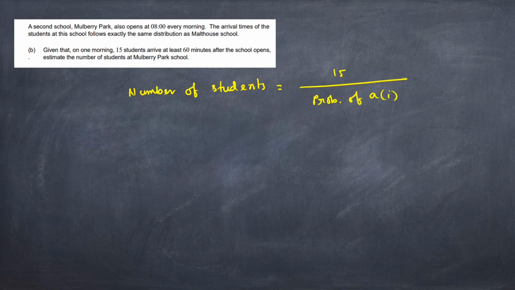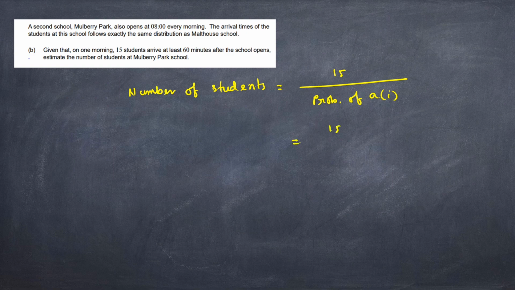The probability that we will get from problem 1, so the number of students will be equal to the number of students, 15, divided by the probability from part one. That is the first question that we have done.